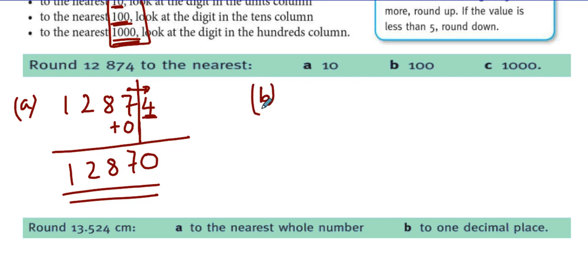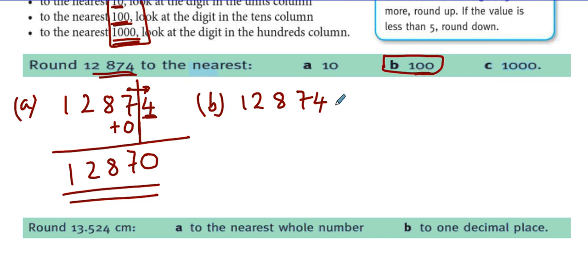Okay, part B. Round that to the nearest 100. So you keep this number over here: 12,874. Nearest hundreds. This is ones, tens, hundreds.